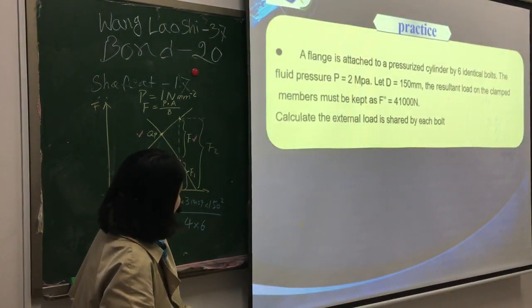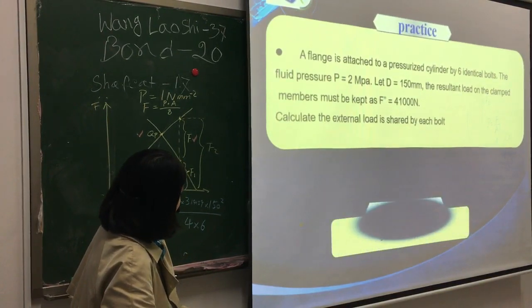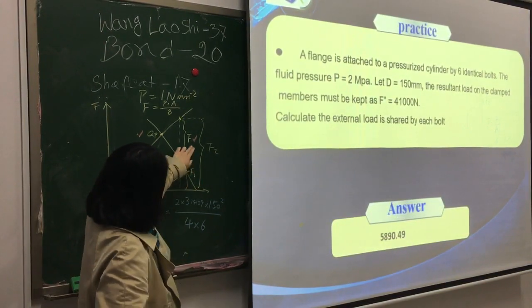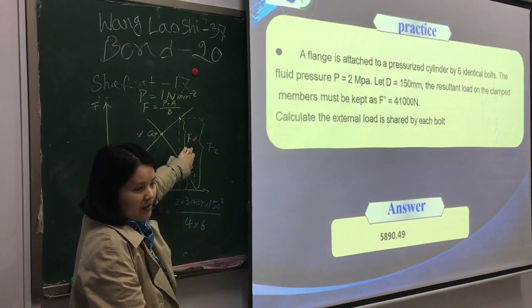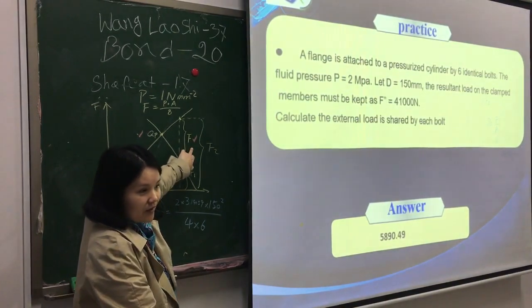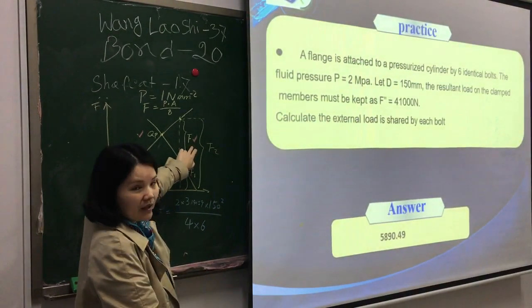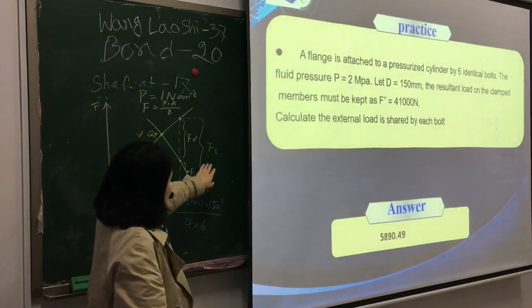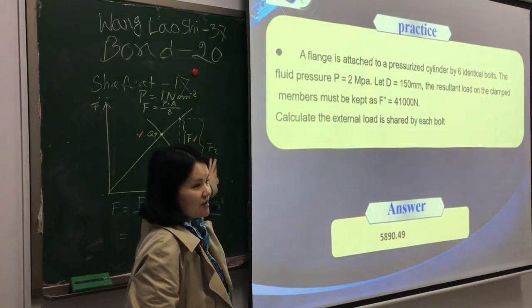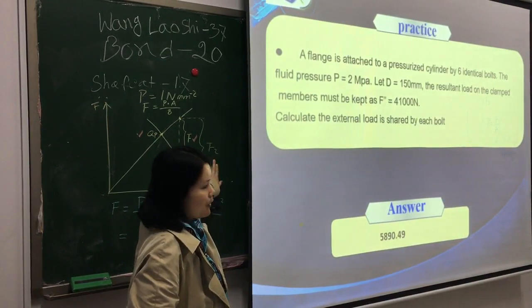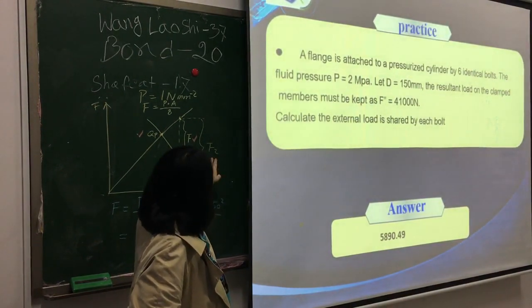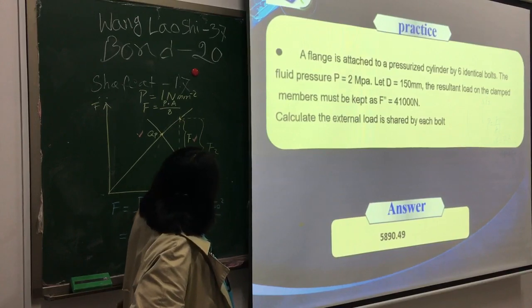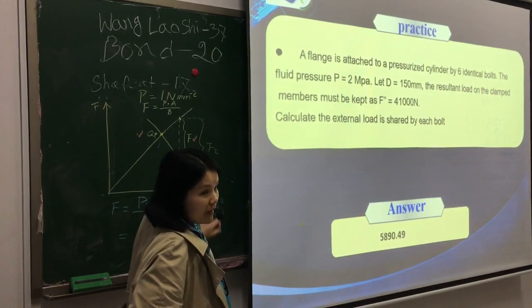So we load the F, the external axial force on each bolt, and the resultant force of the bolt F2 is F plus F1.